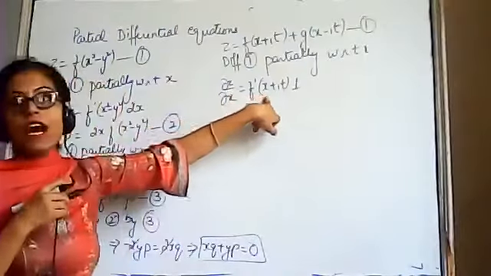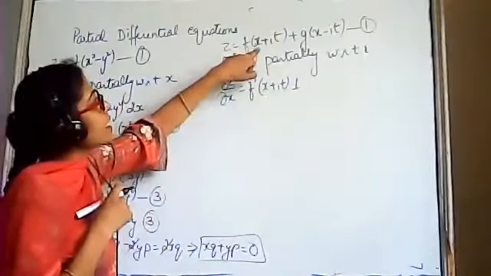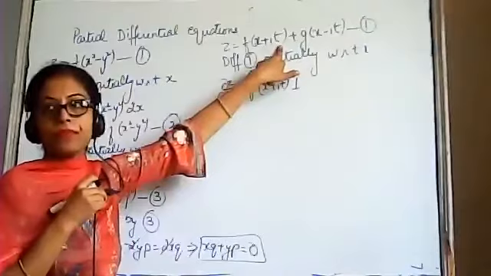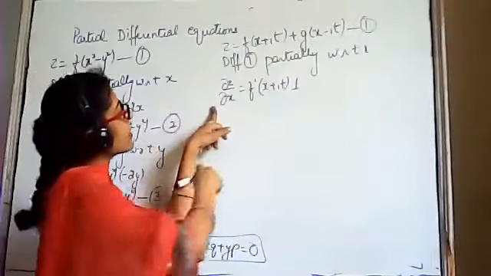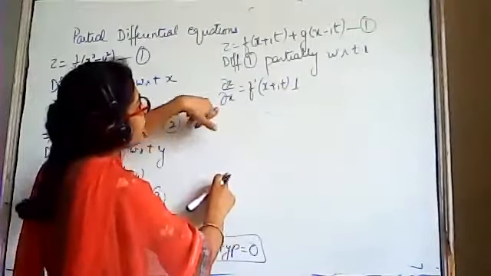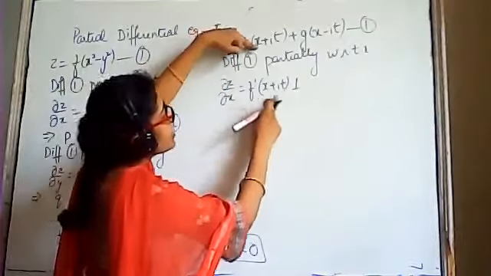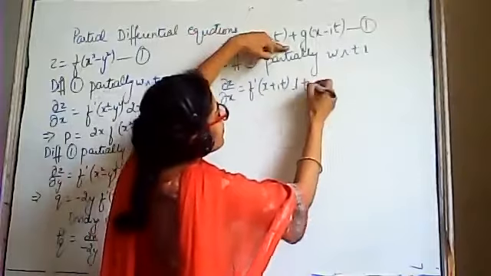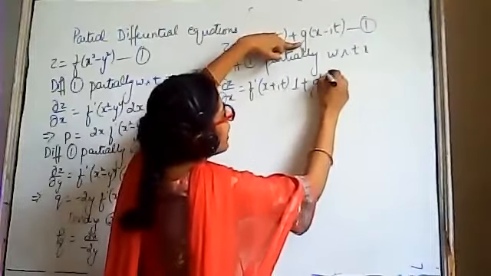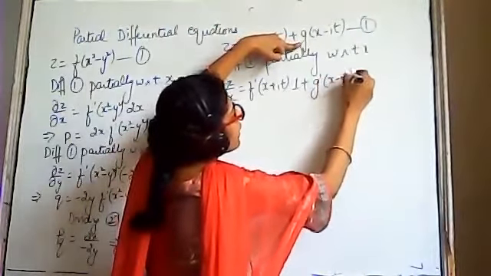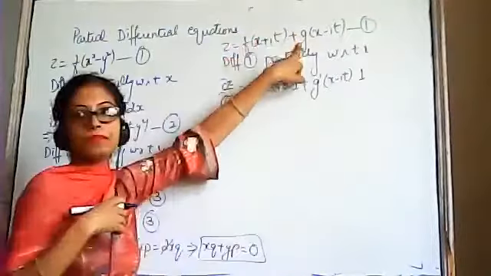But here we have two variables, x and t, so we differentiate with respect to x as well as t. Similarly, differentiation of g will be g dash x minus iota t into 1.